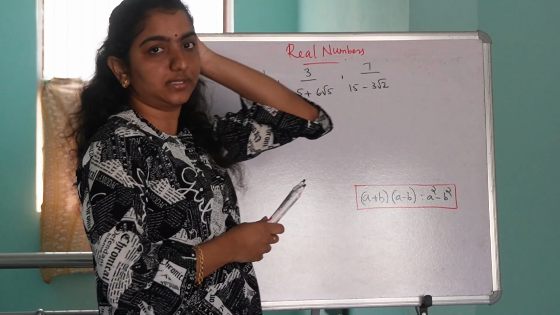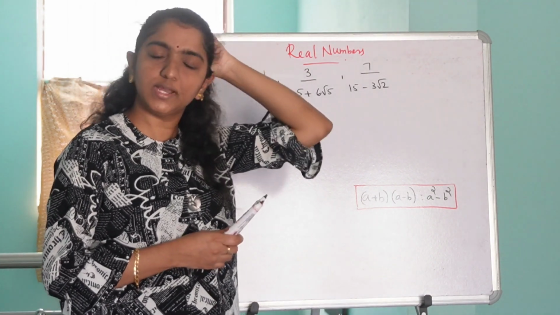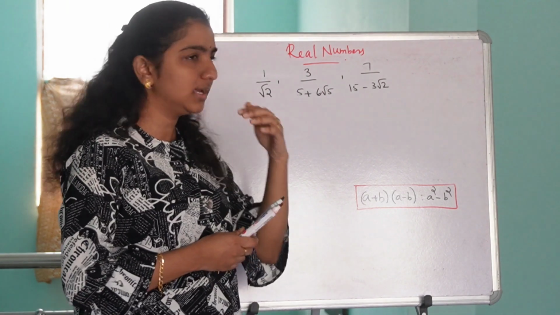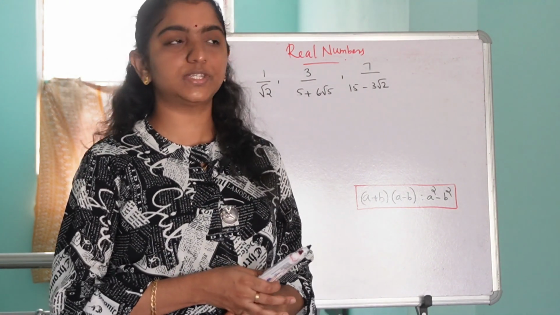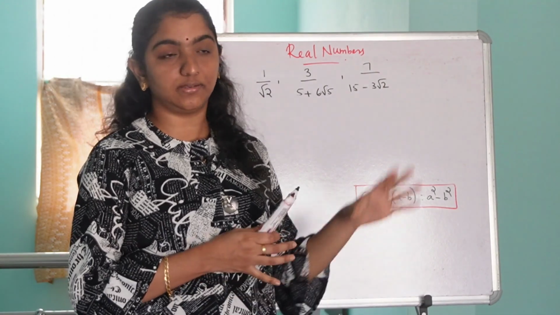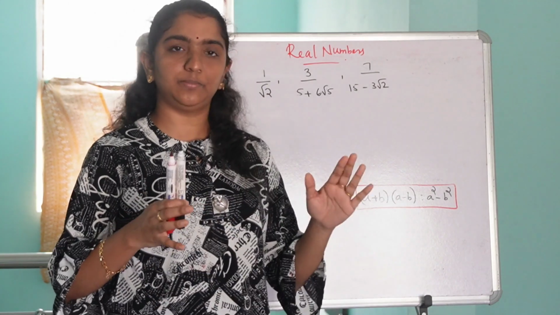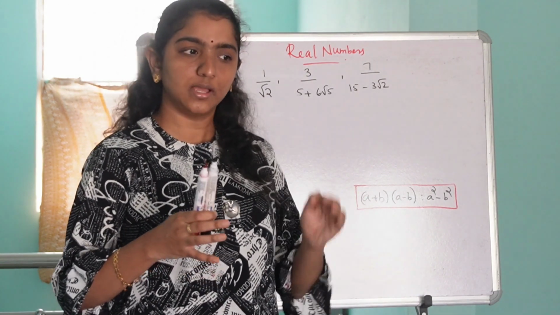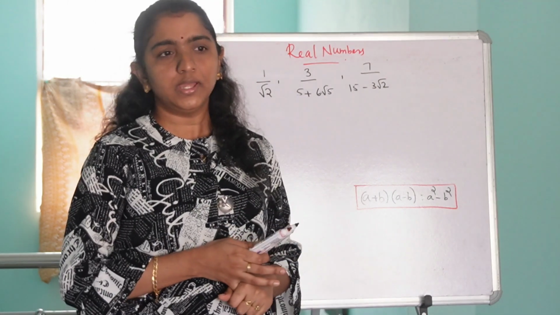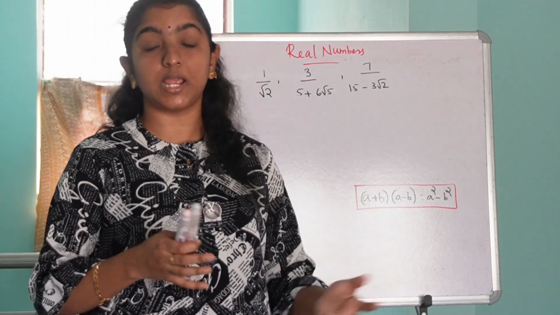So some may think, why can we not multiply these real numbers by any random value? You see, if we multiply the given real numbers by any random value, okay, if you are multiplying both numerator and denominator by the same random value, yes, you can find an equivalent expression.